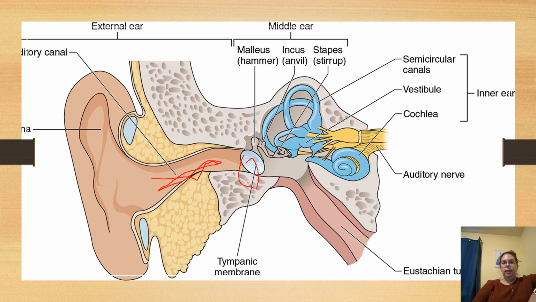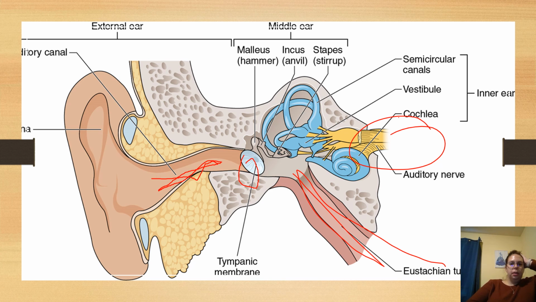And then behind it is all the extra fun structures of hearing. Okay, and then the auditory nerve is over here. And then eustachian tubes, which is this down here, will be really important moving forward when we talk about some of the illnesses and such.